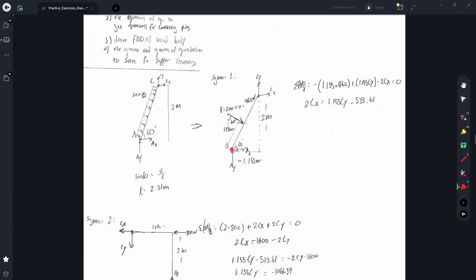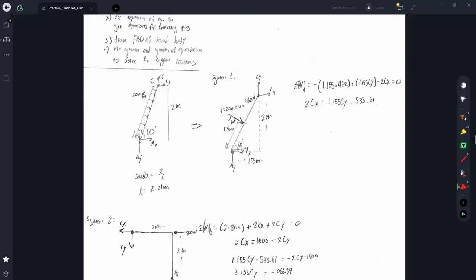For the moments about A, there's going to be one caused by this distance and the force going down. Because this force acts perpendicular, we can just say that it's 1.155 times 200, and because that is a clockwise moment, it's negative.